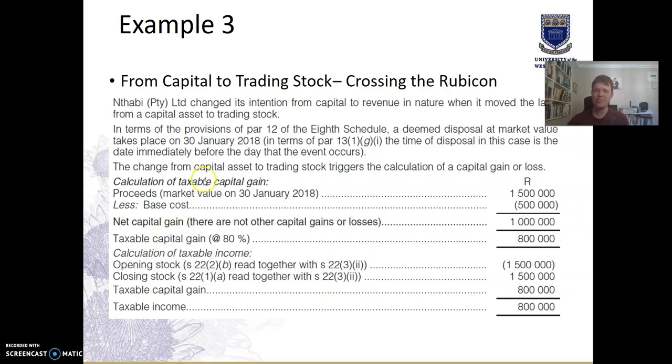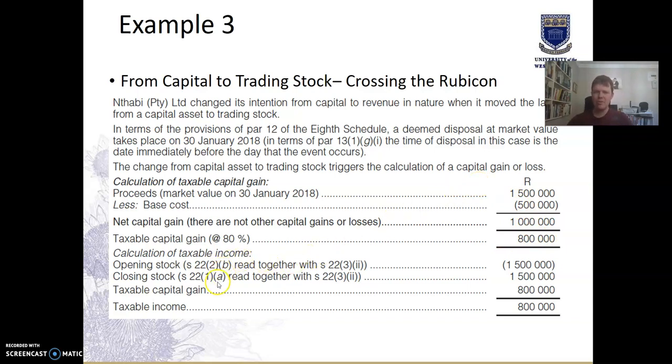The key things: on the date of this change, there's a deemed disposal at market value. Your base cost is what you paid for that asset, and any difference is going to be CGT. Okay, there's your net capital gain at 80% because it's a company, no annual exclusions, and there's no other gains or losses in this scenario.